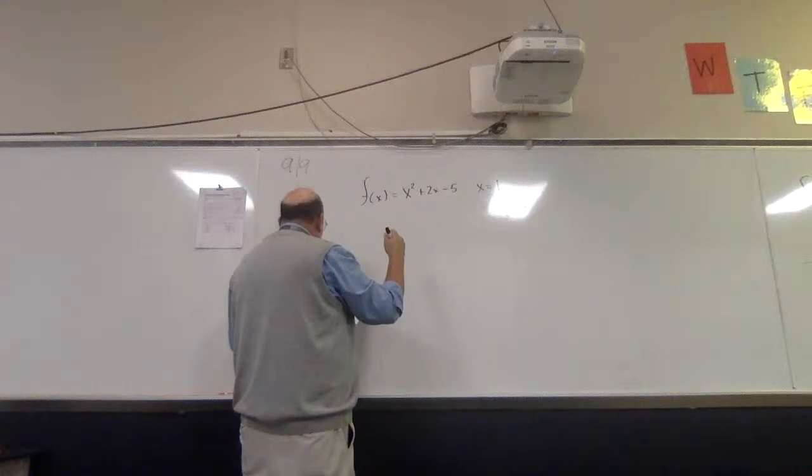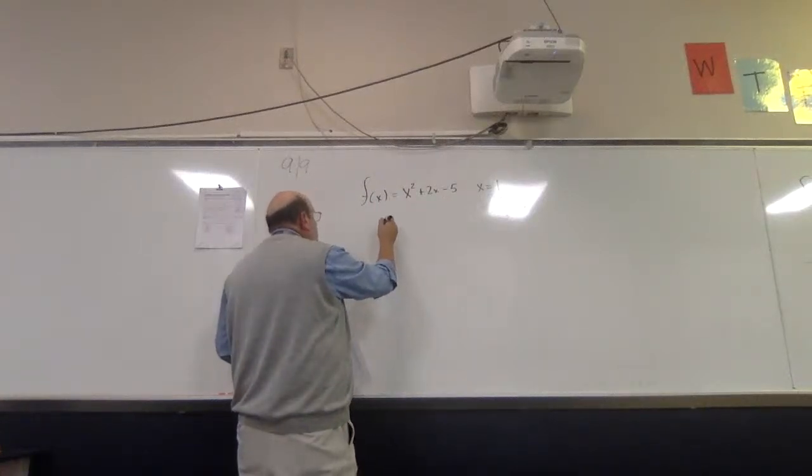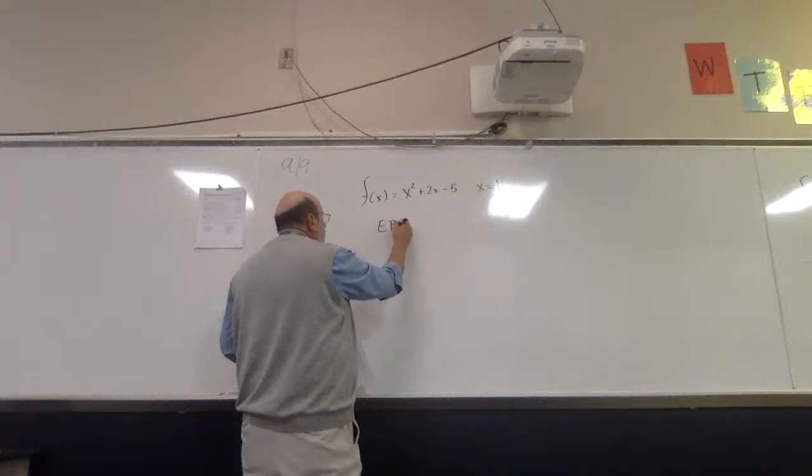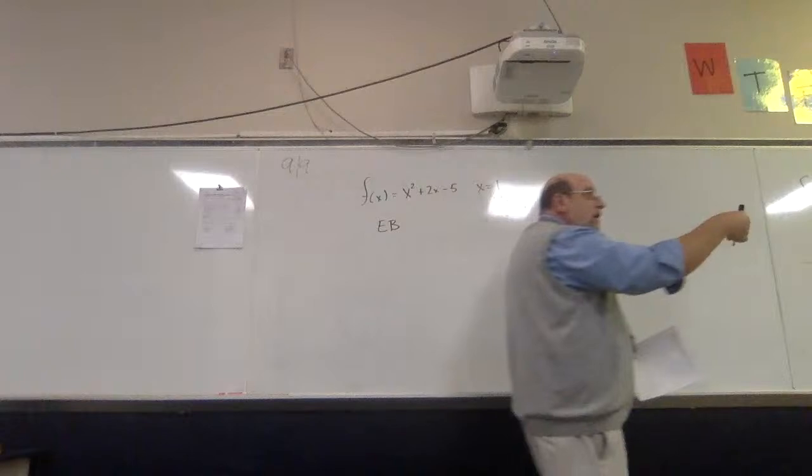The last thing I want you to do is tell me about end behavior. It doesn't talk about it here, but tell me about the end behaviors. Write it in limit notation.